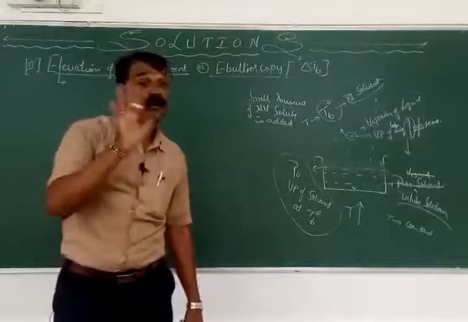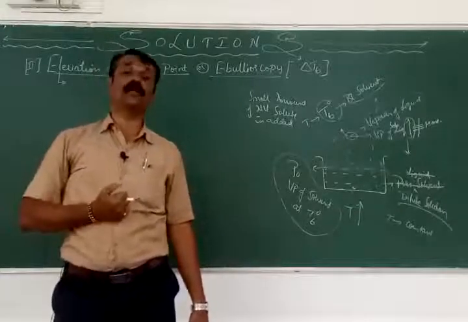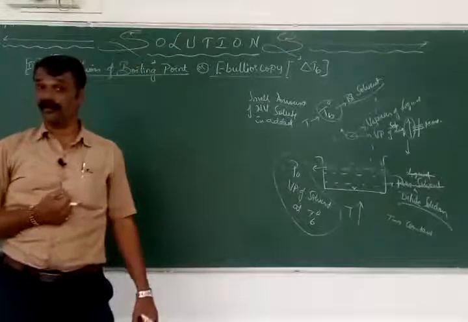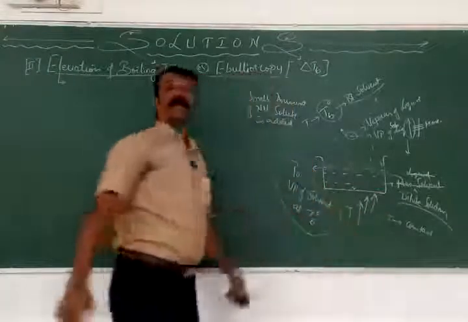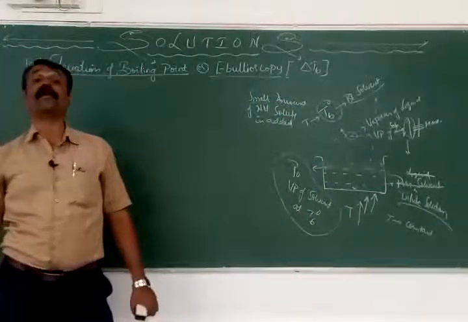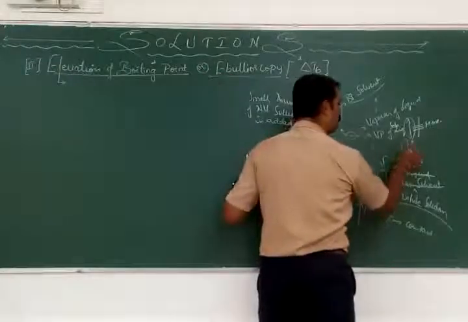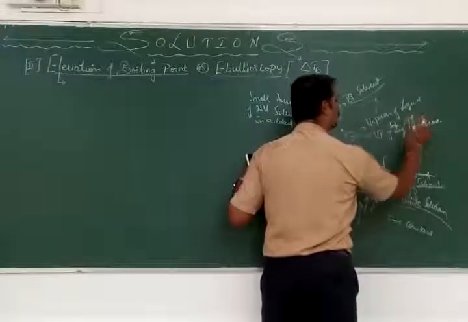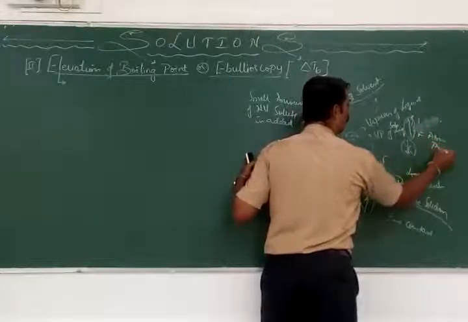Means we are not getting the boiling point of the solution right now. Then how to get the boiling point of the solution here? For that, we still have to increase the temperature, such that the decreased vapor pressure of the solution starts to increase and becomes equal to the atmospheric pressure.